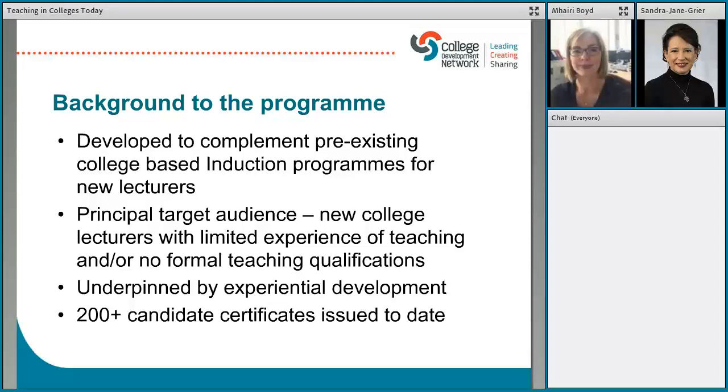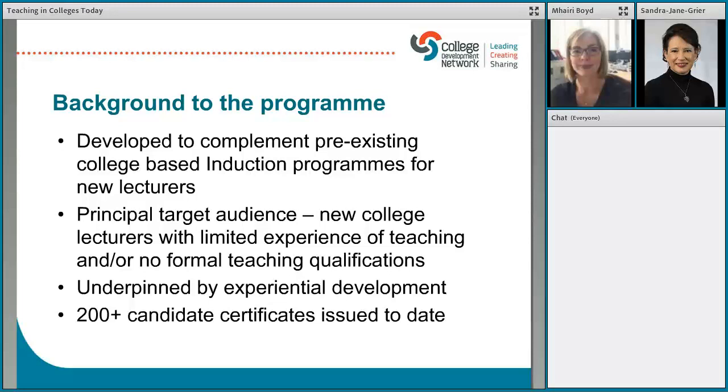So Teaching in Colleges Today was designed as a flexible way to help support newly appointed college lecturers develop their teaching and assessment skills within a working environment. And it positively complements existing college staff initial induction programmes and also supports other professional development pathways and qualifications.